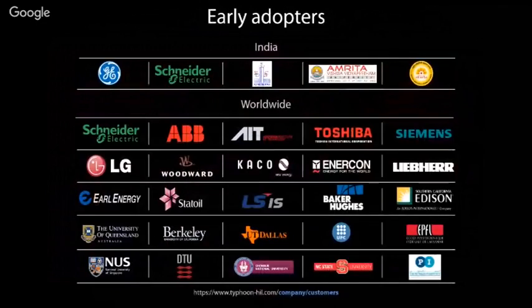Today Typhoon has, aside from a growing number of commercial businesses using this technology, a very good relationship with a number of academic institutes worldwide, but also in India. We introduced ourselves in India for the first time, I think, last year.